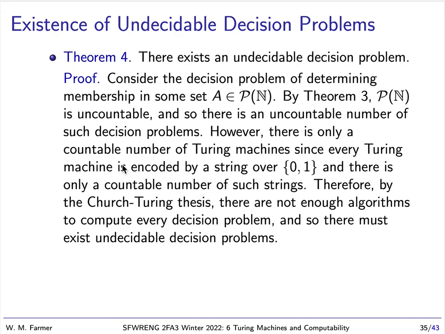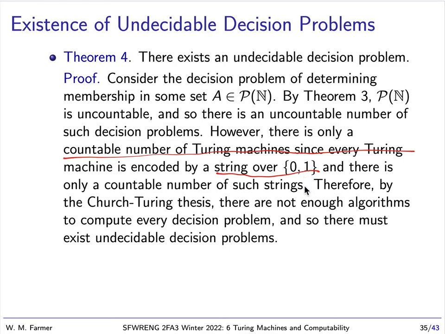However, there's only a countable number of Turing machines, since, as we showed, every Turing machine can be encoded by a string over zeros and ones, and there's only a countable number of these strings. So we have a countable number of Turing machines. We have an uncountable number of decision problems.